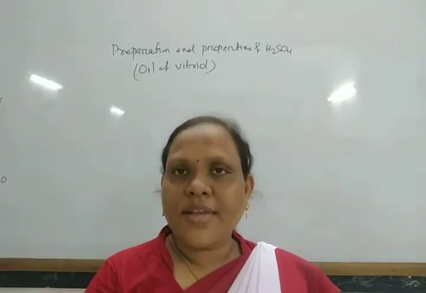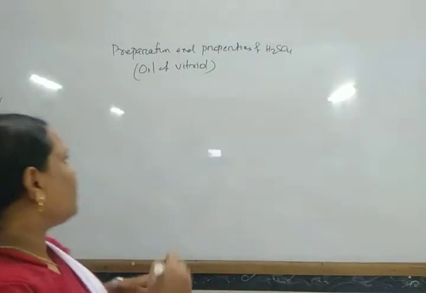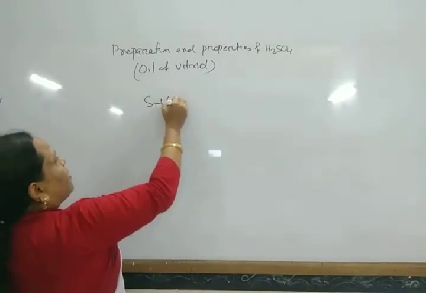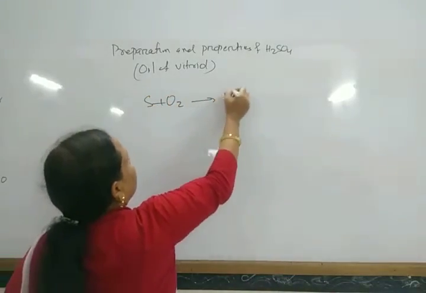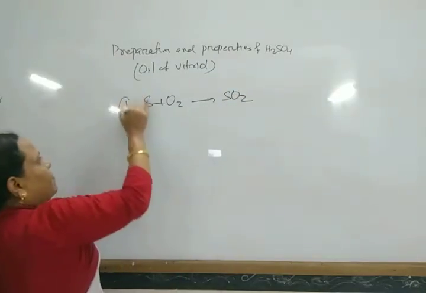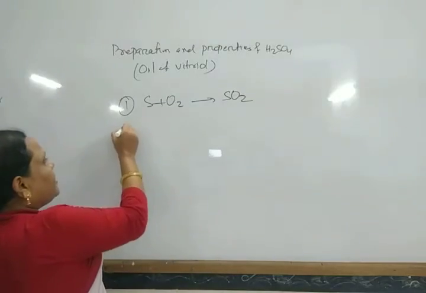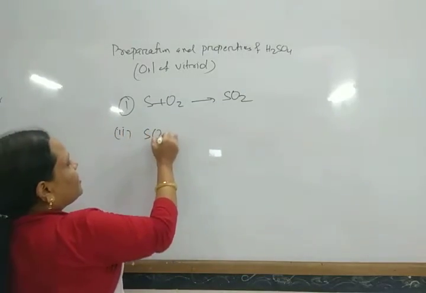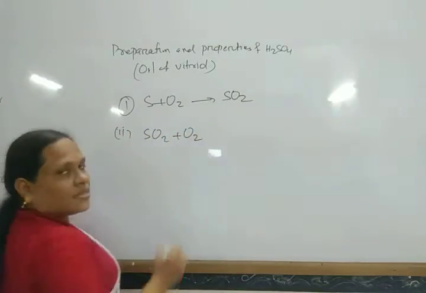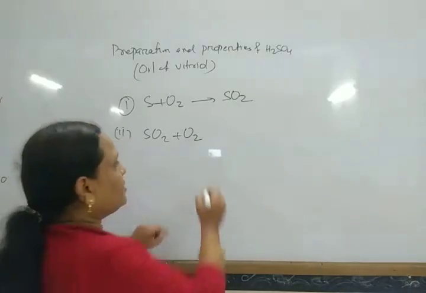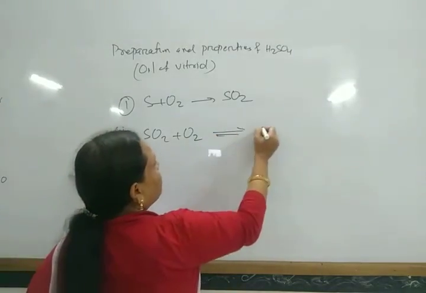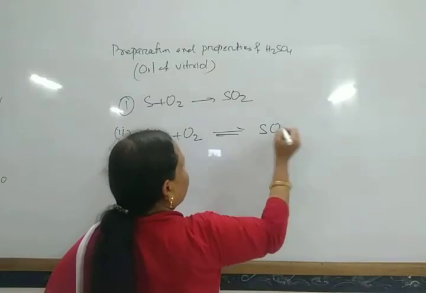In the first step, sulfur dioxide is prepared, and in the next step, it undergoes oxidation with oxygen to form sulfur trioxide.